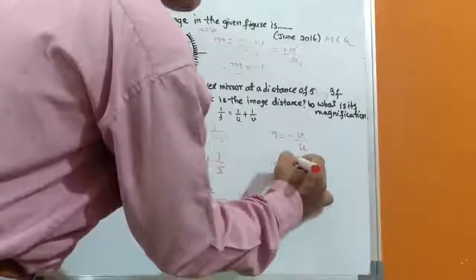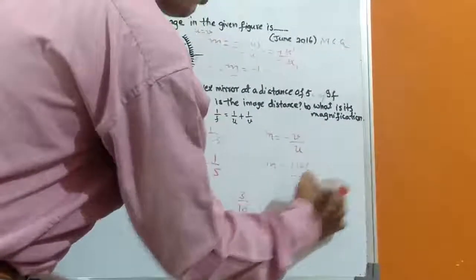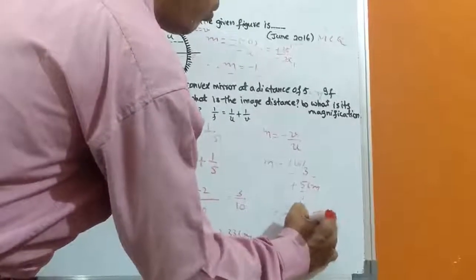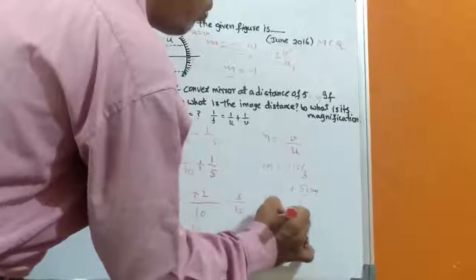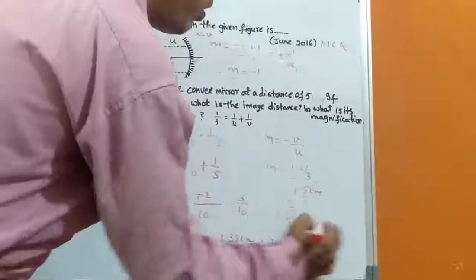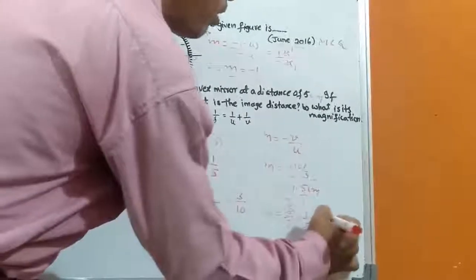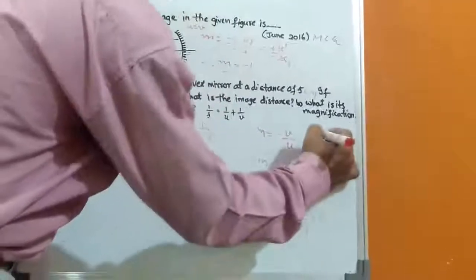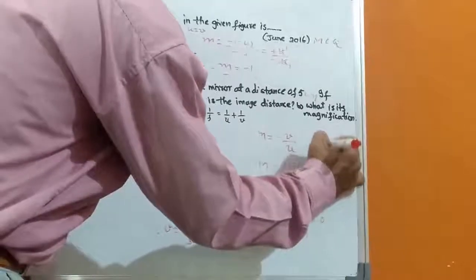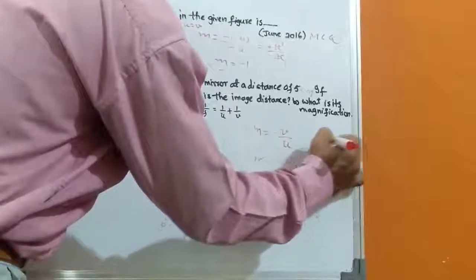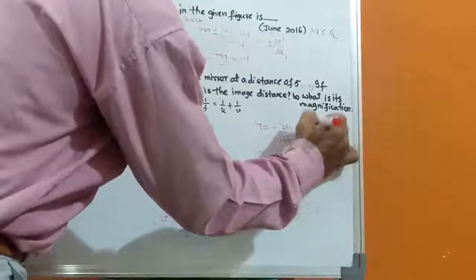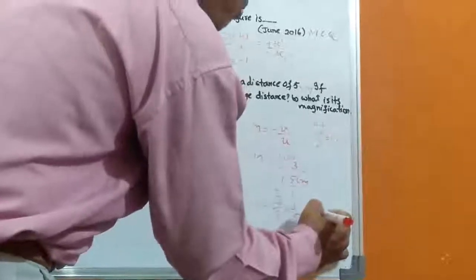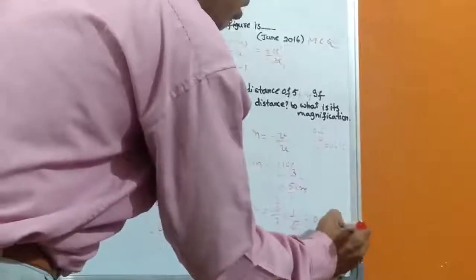Minus and minus get cancelled, so we can write 10 by 3 into 1 by 5. 5 ones are 5, 5 twos are 10, so we get 2 by 3. In decimal, 2 by 3 is 0.66.